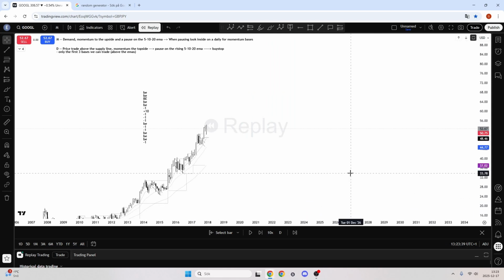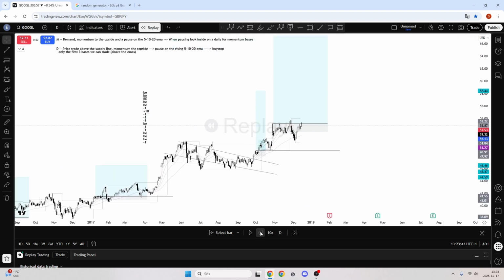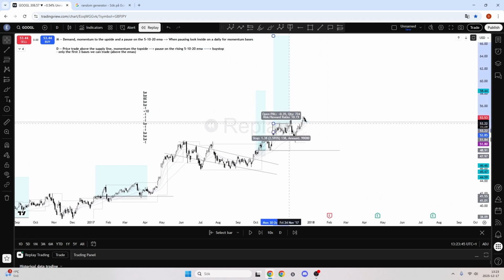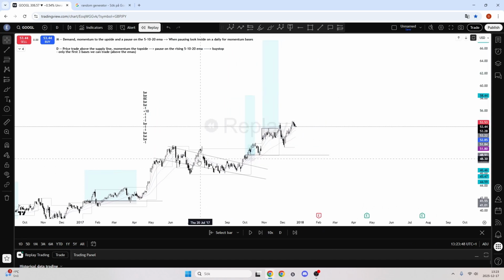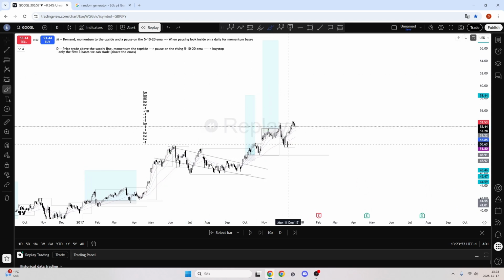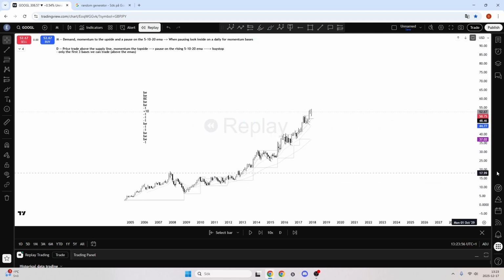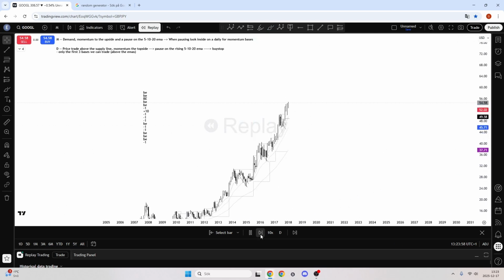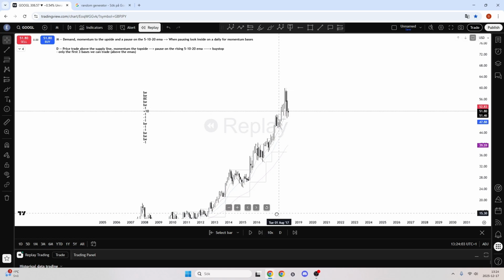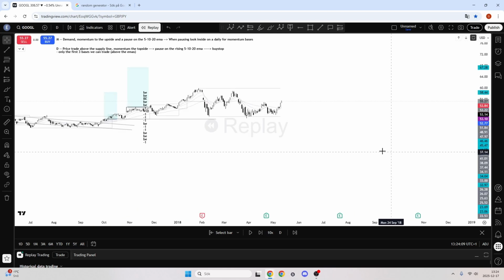Alright, so let's check the monthly again. Nothing for us to do here really. Above the range right here, I'm not really interested in trading this so high up, so I will simply skip. So take the daily.